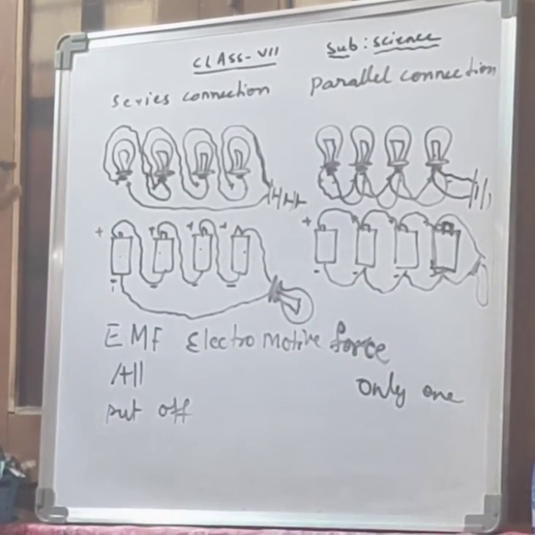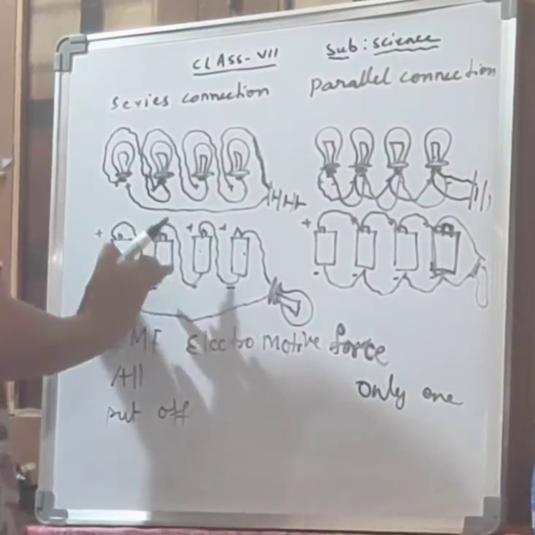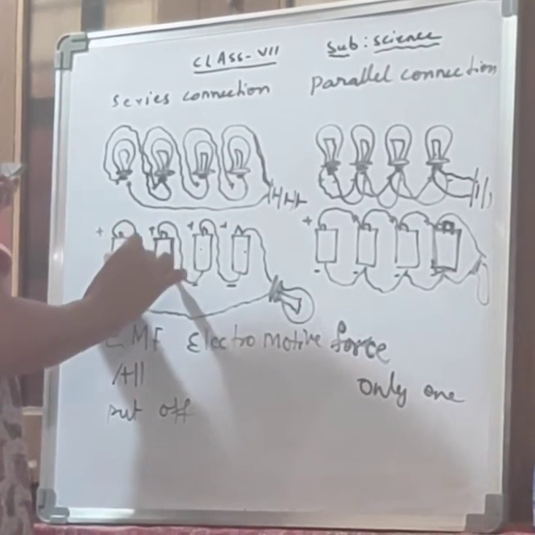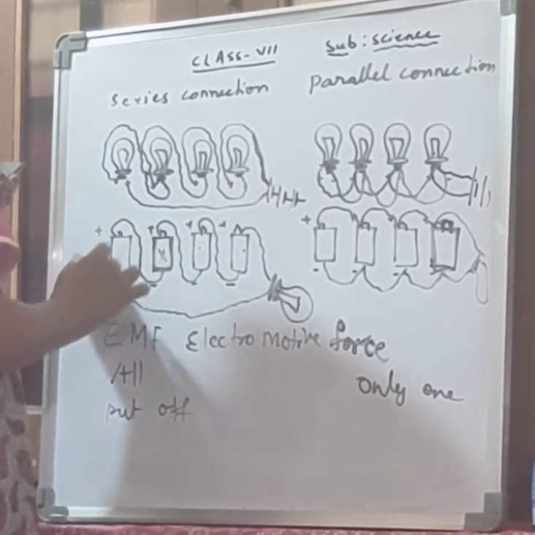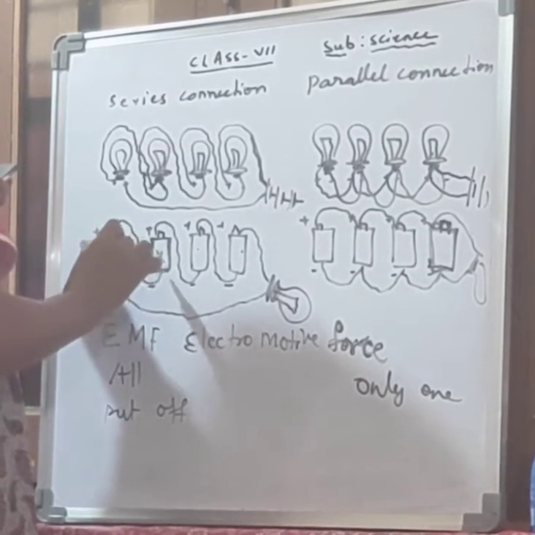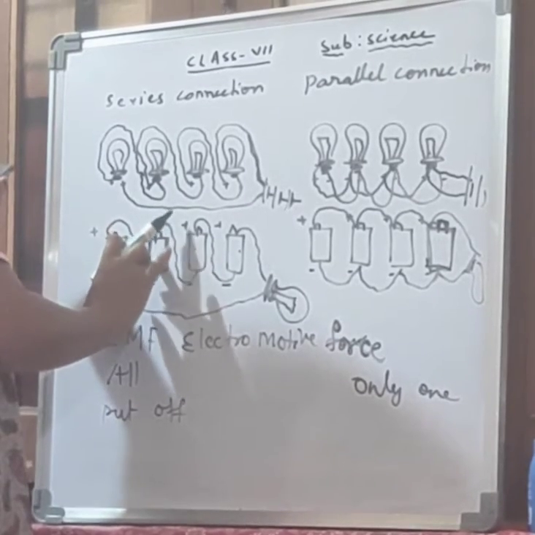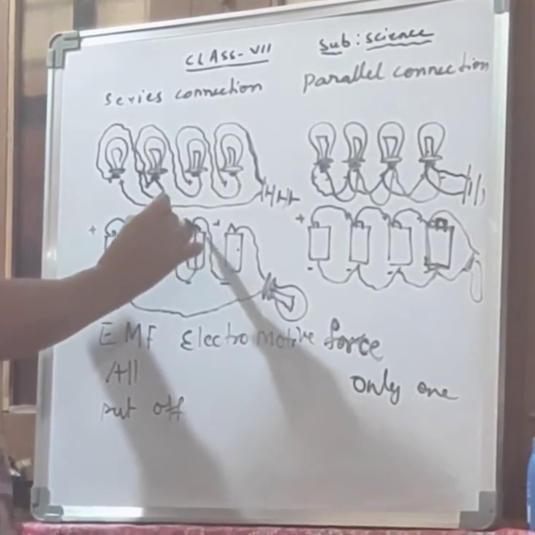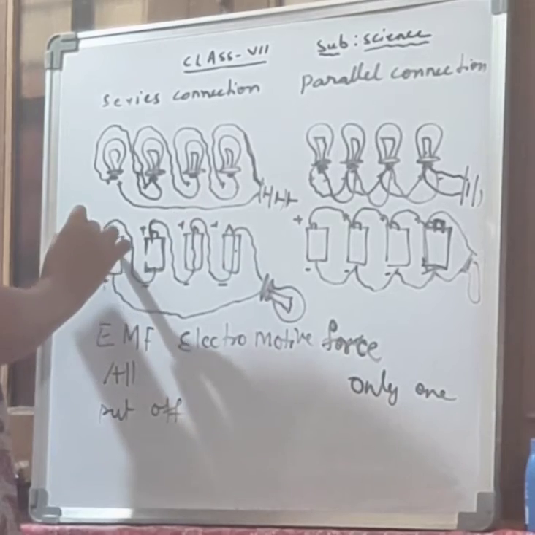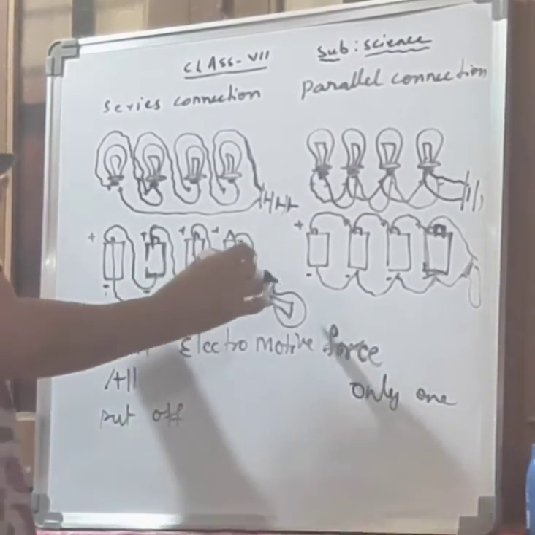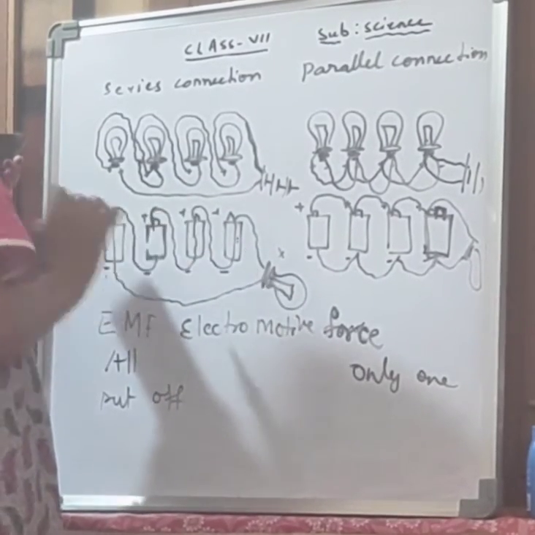Suppose this bulb is fused, or this cell is not working by some problem. So the connection is broken. Here the connection should pass like this, no? The circuit is broken, so the bulb will not glow, even though the remaining 3 are in good condition.